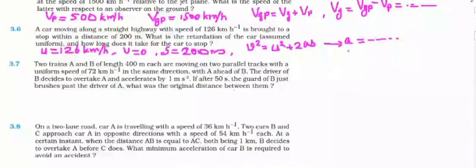Once you get the value of A, use the formula V is equal to U plus AT, and find the value of T. Direct question only, you can calculate. Next, question 7.